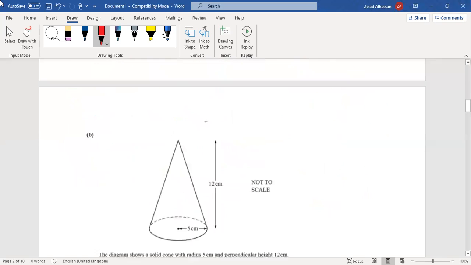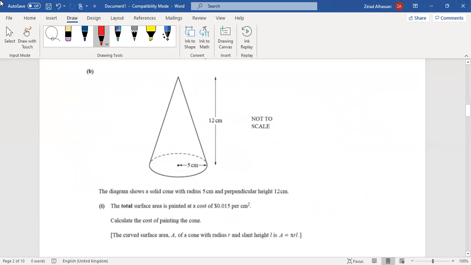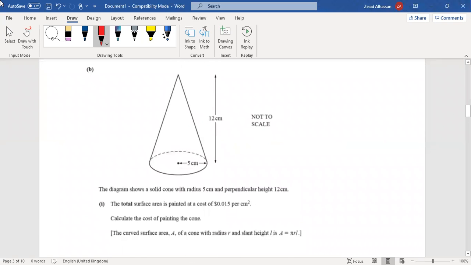Okay, let me continue to part B in this question. Now the diagram shows a solid cone. For a solid cone, the volume is 1 over 3 pi r squared times height. That's the volume. The curved surface area of the cone is given by the rule pi r L, where L is the slant height.